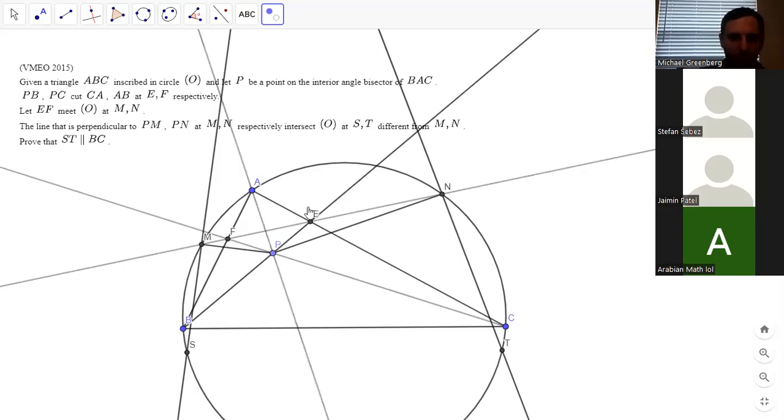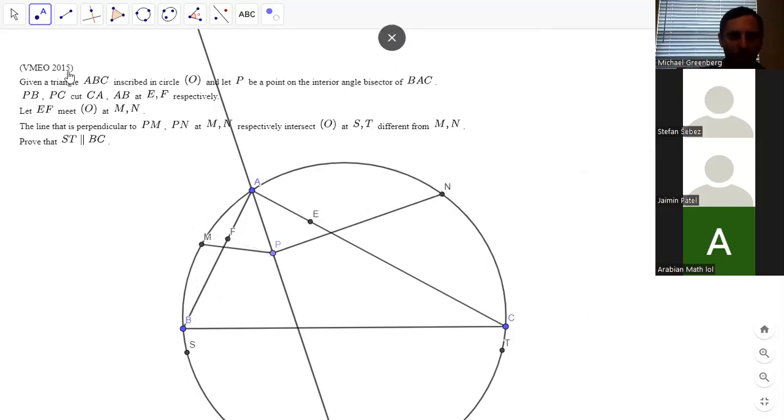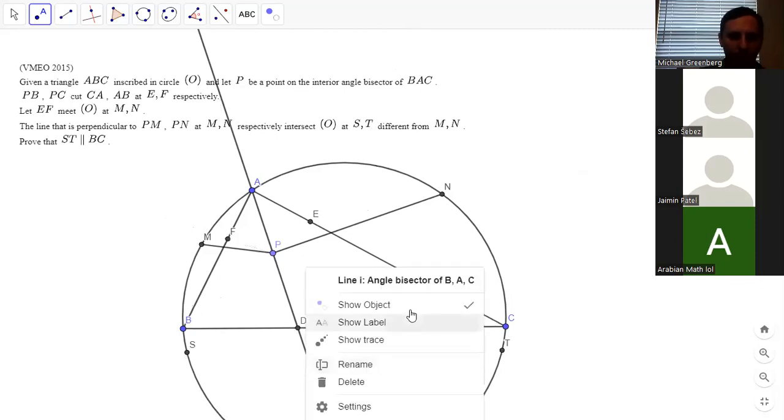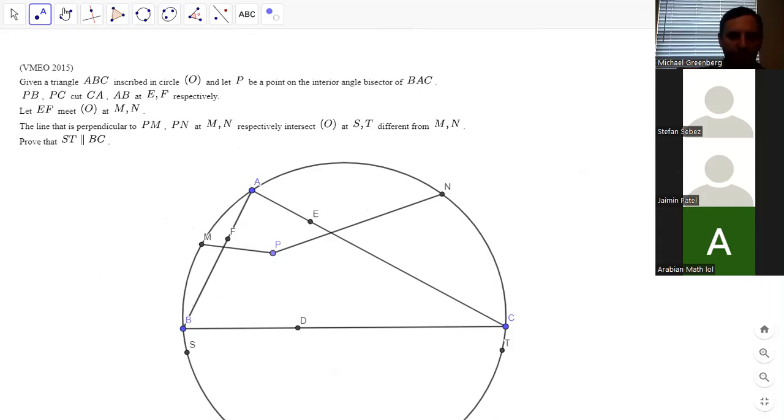Well, you know what, I'll leave this just for a second. Just gonna hide the angle bisector now. Let me draw everything back in. All right.